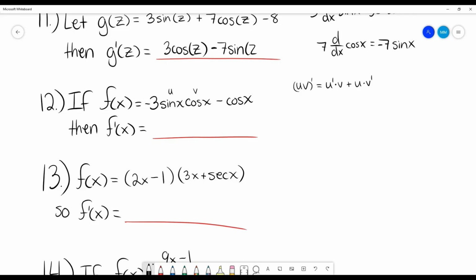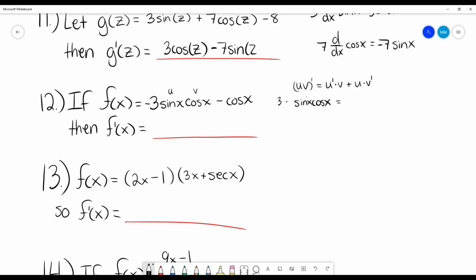So in this case, our first term is that sine of x. I'm just going to ignore our coefficient right now because we don't need to worry about it until after we've found that derivative. So it's going to be 3 times whatever that is. In our first term, our u is sine of x.